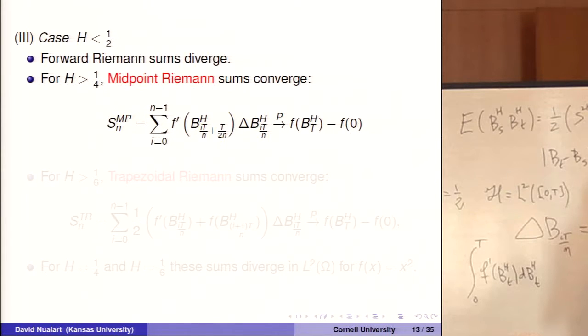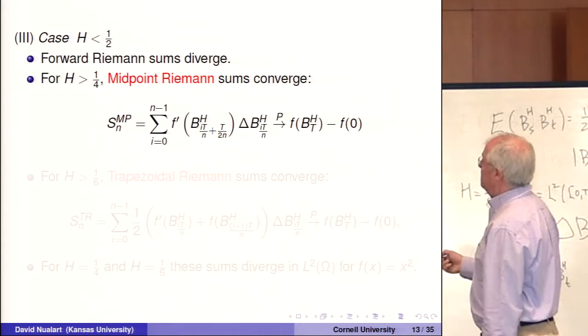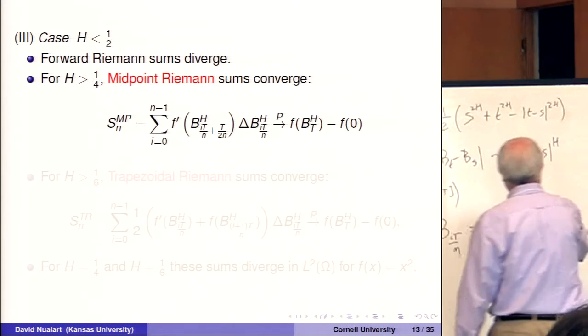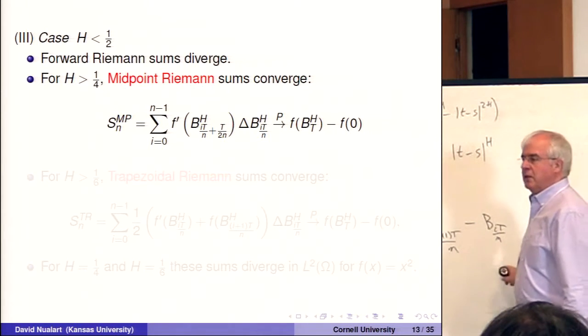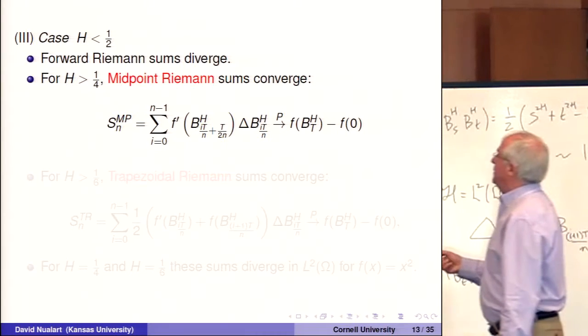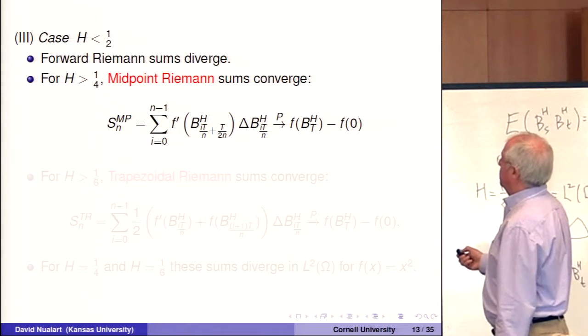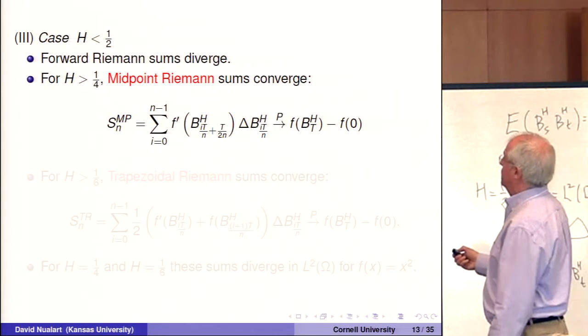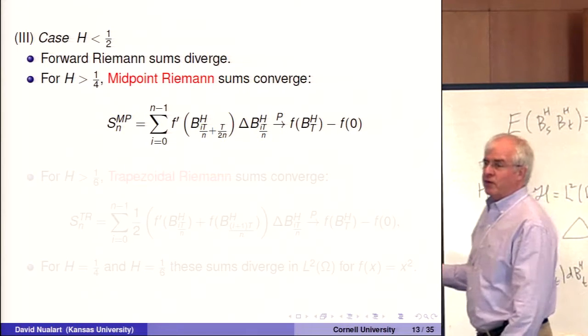So what happens is that, for example, if you take what is called the midpoint Riemann sum, which means that I take the middle point between it/n and (i+1)t/n. So this is called the midpoint Riemann sum. And this converges to what you want, because you want to have the chain rule, in probability if H is bigger than 1/4.